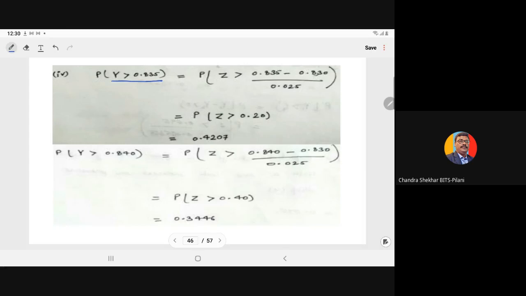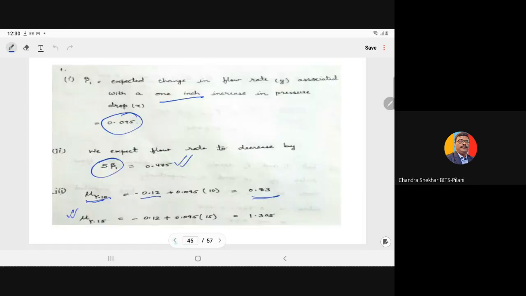If you do y minus mu upon sigma, it converts into the standard normal distribution z. So z greater than 0.835 minus 0.830 upon sigma. For the 10 inch, we have already computed the mean as 0.830.